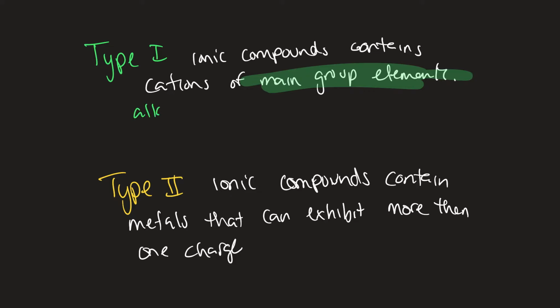We're talking about the alkali metals, which consist of all the metals in the first column, like sodium, lithium, and potassium. It also includes the alkaline earth metals, the metals in the second column: beryllium, magnesium, calcium. And we're also including aluminum and indium, which are also considered main group elements.